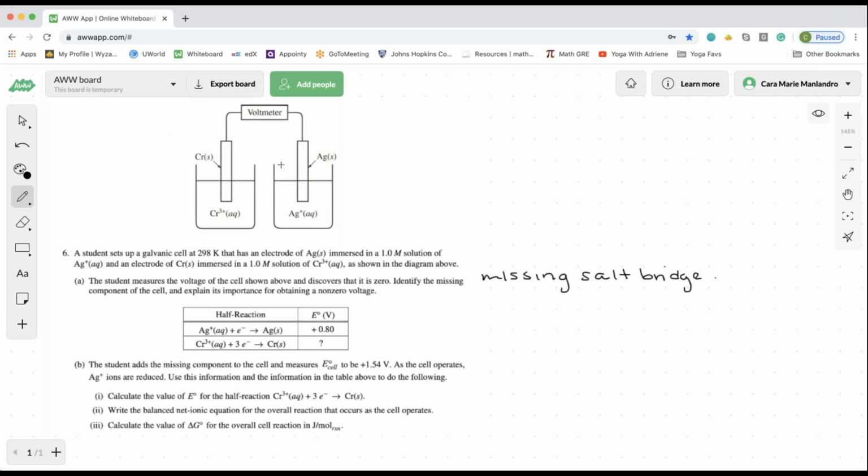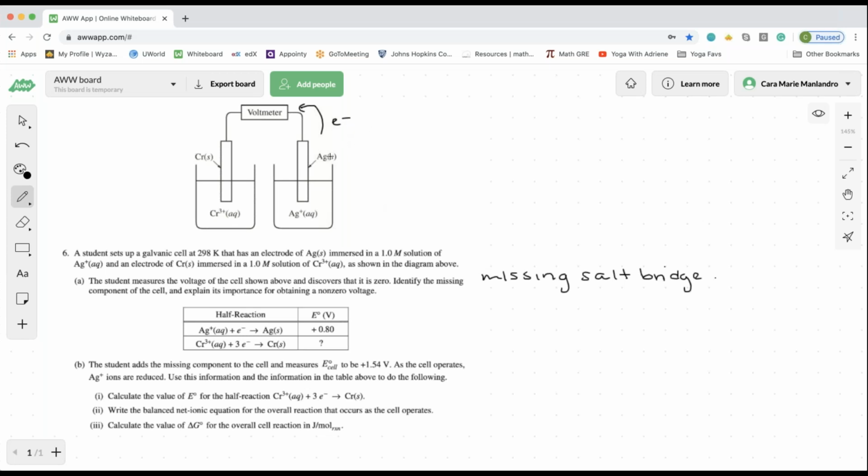The salt bridge is there to complete the circuit. During the course of the reaction, the anode is going to be giving off electrons and sending them through to the cathode. This stuff is on your exam. I switched the anode and cathode.